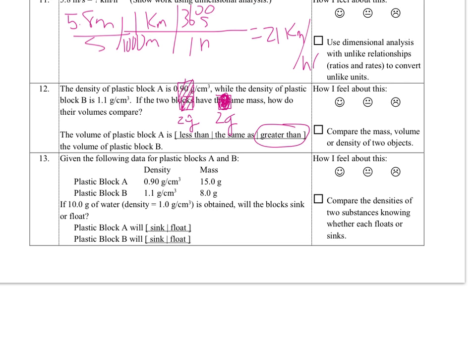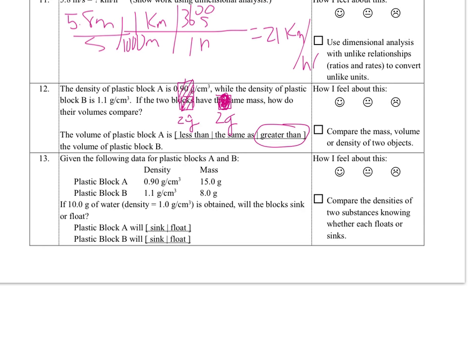Number 13, given the following data for blocks A and B, their densities and their masses. If 10 grams of water is obtained, will the block sink or float? That is a trick question.